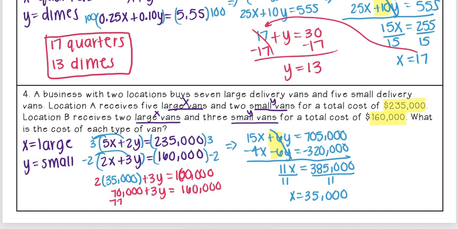Subtract 70,000 on both sides. And you get 3y is equal to 90,000. And then I'm going to divide both sides by 3. And so I get that y is equal to 30,000.